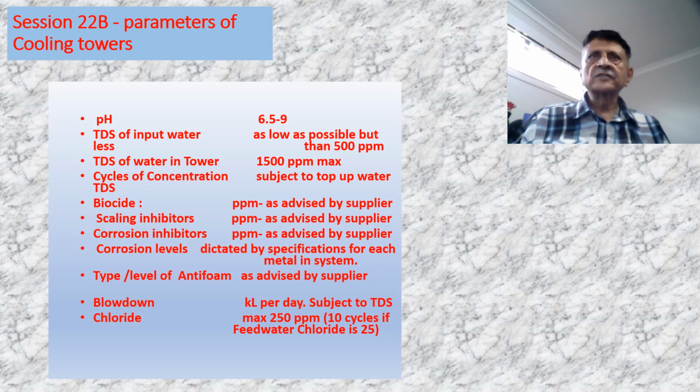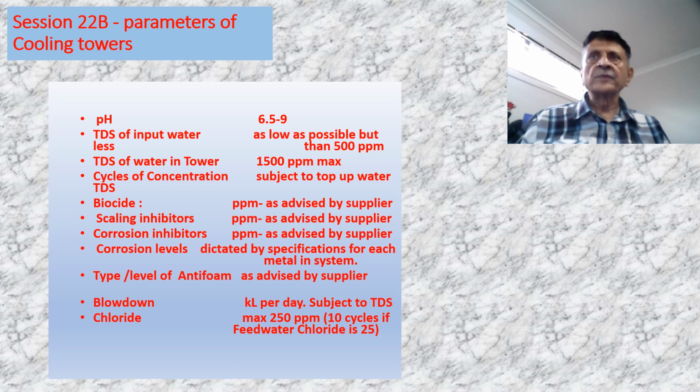The table here shows the parameters for operating the cooling tower water systems. The pH, they say 6.5 to 9, even though I say 7 to 8. 6.5 is pretty low, so you may have to put a corrosion inhibitor.